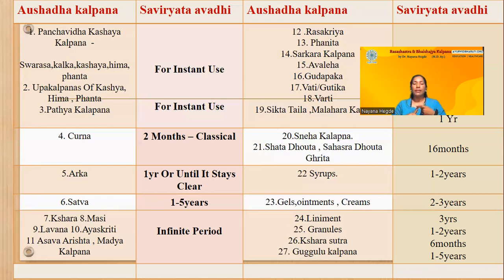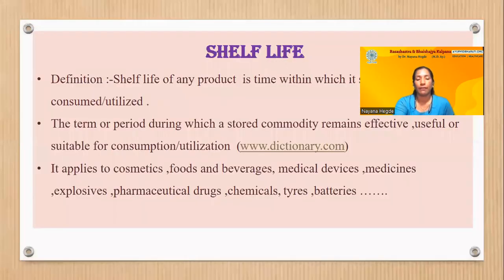That is, liniment saviryata avadhi is 3 years, granules 1 to 2 years, Sharasutra 6 months, Gugulu Kalpana 1 to 5 years. So here we covered all the formulations' saviryata avadhi.